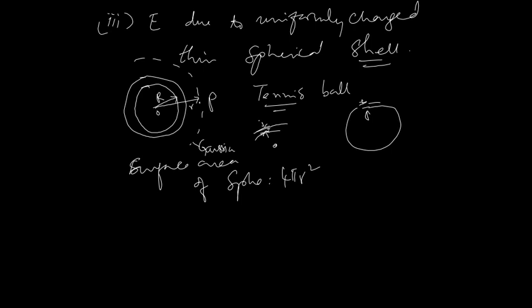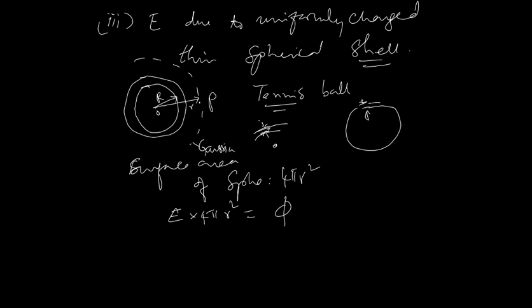Therefore, E into 4 pi r square, like last time, is equal to, whatever we did, sigma by epsilon naught into 4 pi r square. So E into 4 pi r square, what is this? This is phi, correct?